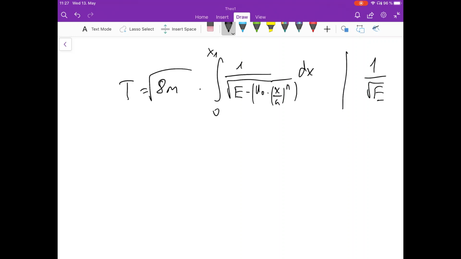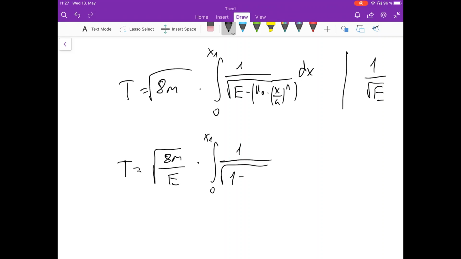So let's plug 1 divided by the square root of e outside, and therefore t equals the square root of 8m divided by e times the integral from 0 to x1 of 1 divided by the square root of 1 minus, and because of the non-existing e here, we have to divide by e.